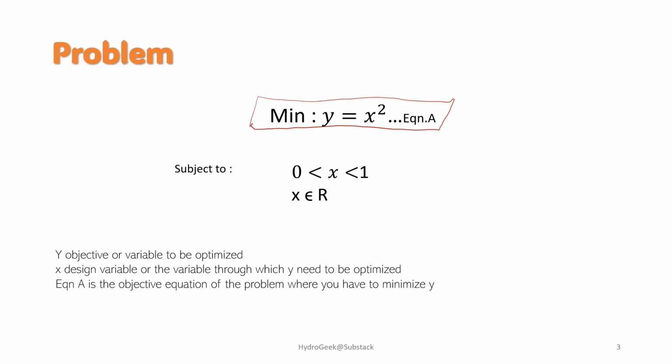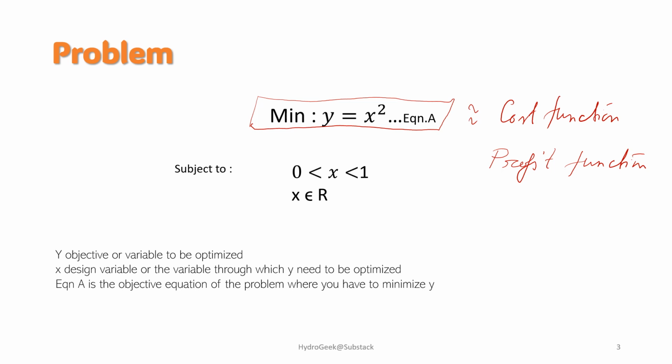Now, a minimization problem is also known as a cost function, or to be more precise, the objective equation used for a minimization problem is also referred to as the cost function. And the objective equation used for a maximization problem is known as the profit function.